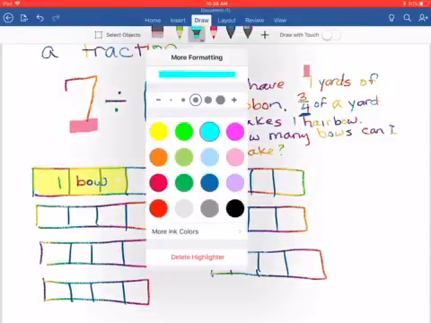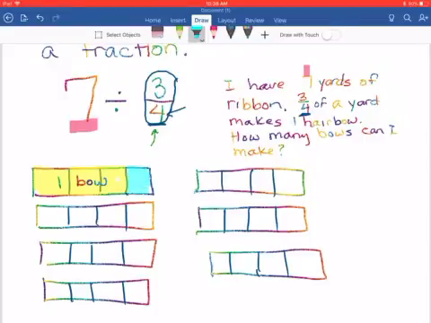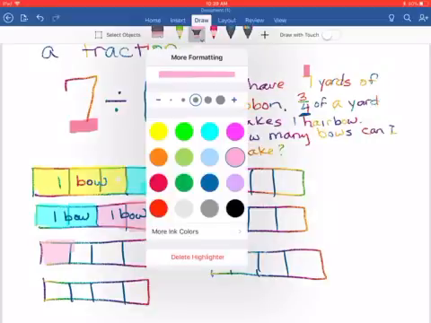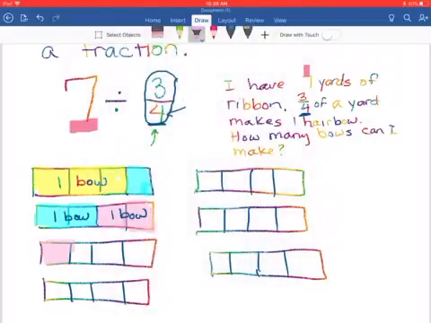All right, let's do another bow. 1, 2, 3, that makes another bow. 1, 2, 3, that makes a bow. 1, 2, 3. Okay, and we're just going to keep going.